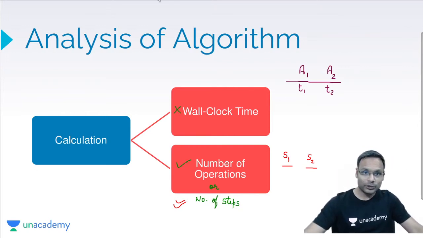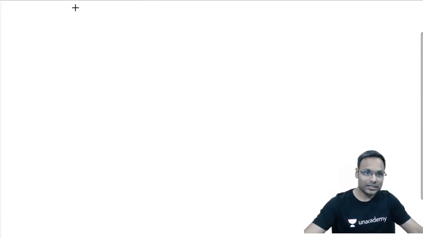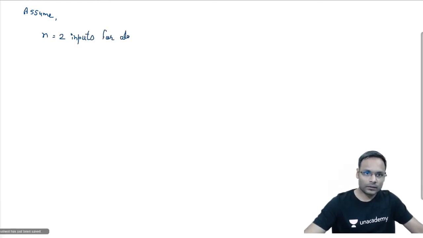Suppose, let me take one particular page. Assume I have given you n equals 2 inputs in an algorithm. Now look at this.